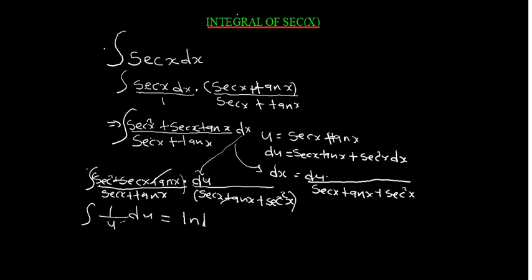So this is what we do also, natural log of u. Meaning we just replace u. What is our u? U is sec x plus tan x, and we put the modulus there. So this is our answer that we are supposed to get.